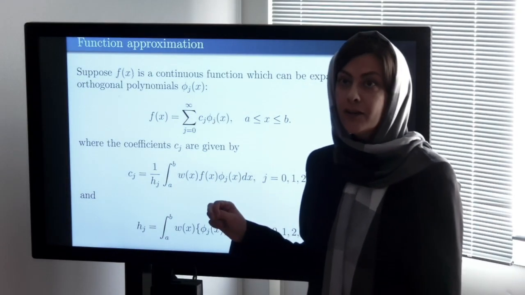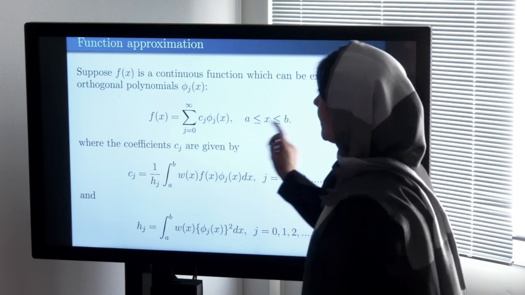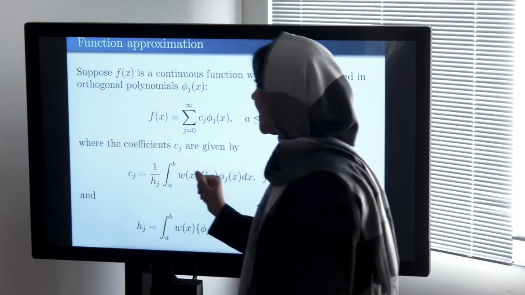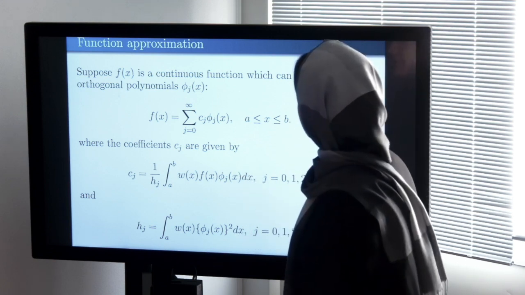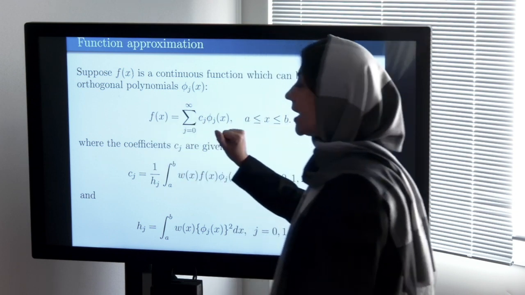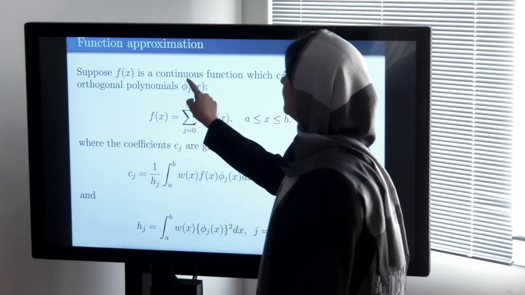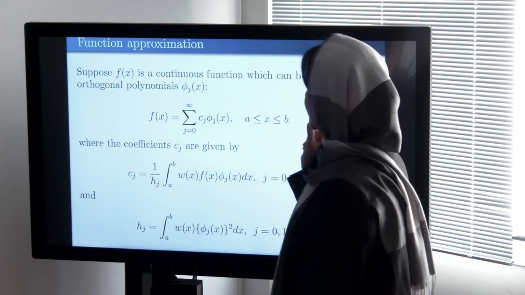In this section, I want to talk about function approximation. Suppose that f of x is a continuous function which can be expanded in terms of orthogonal polynomials. Here, suppose that phi j of x is an orthogonal polynomial.